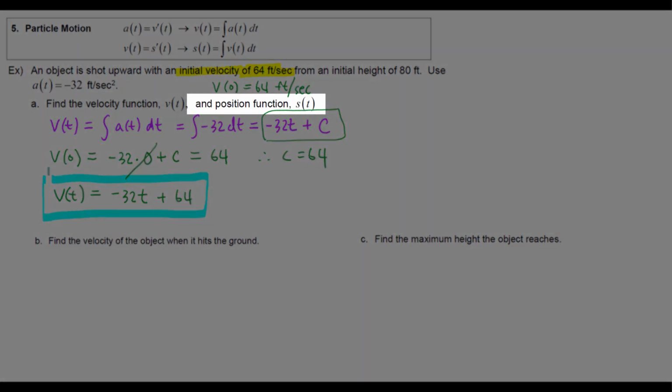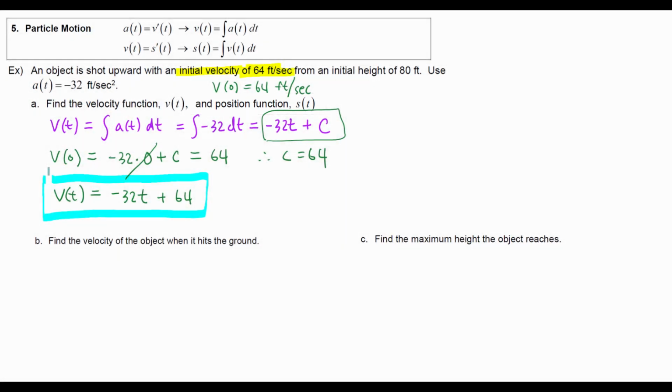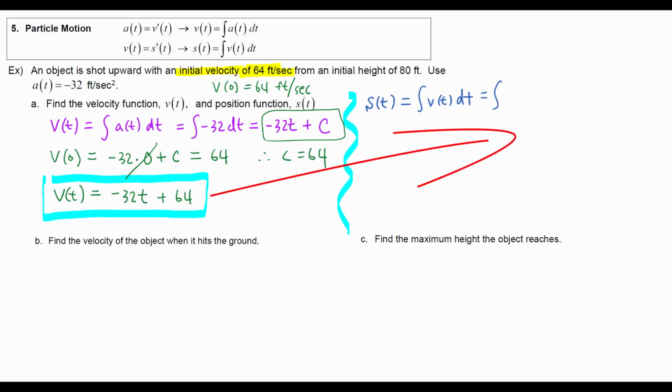And they said also find the position function. Since the velocity function is the derivative of the position function, you can take the integral of the velocity function to recover s of t. So the position function s of t will be equal to the integral of v of t dt, and my v of t is negative 32t plus 64 dt.